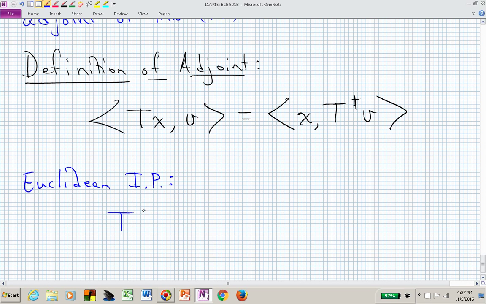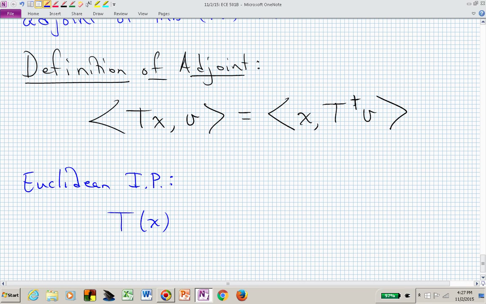Well, now we have Tx, and the Euclidean inner product applied to this left-hand inner product means that we'll multiply Tx times what? T of x. If we were doing the inner product of two vectors that were complex, and let's say the first vector was x and the second vector was y, then we would be basically somehow multiplying component y's, but don't we do something a little different to y?